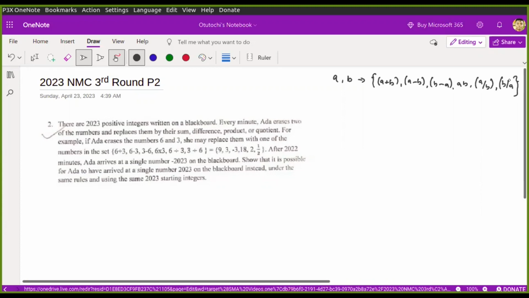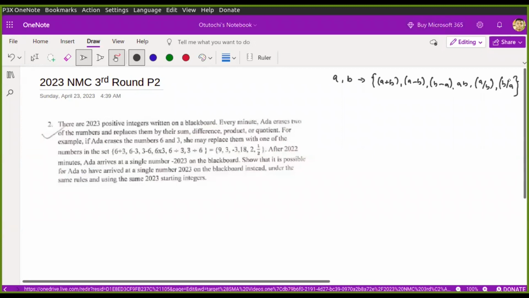There's nothing that looks too special about 2023, right? So I believe this should be able to be generalized to a certain extent.